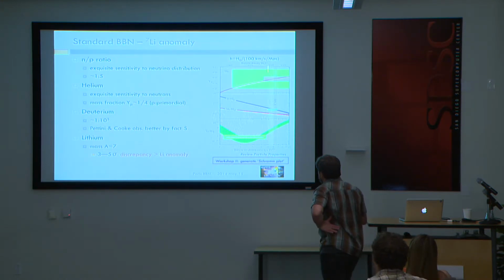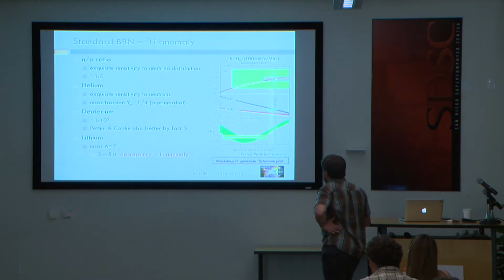The box is determined by the intersection of the primordial component of helium-4 and the baryon to photon ratio given by, let's use the smaller box here, the CMB determination of the baryon to photon ratio, or the baryon density.